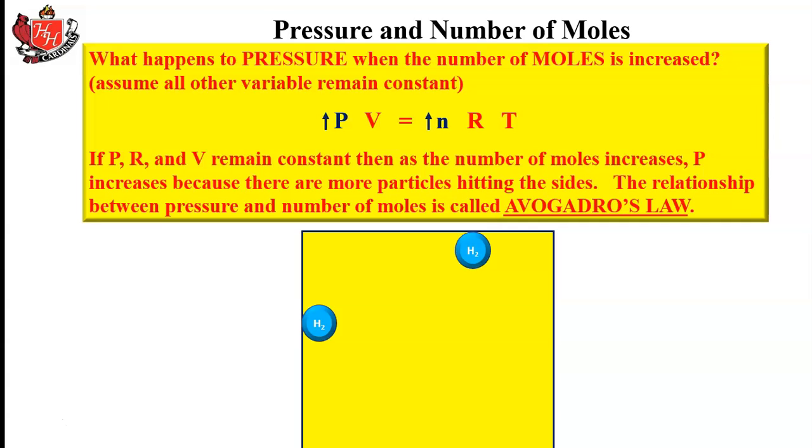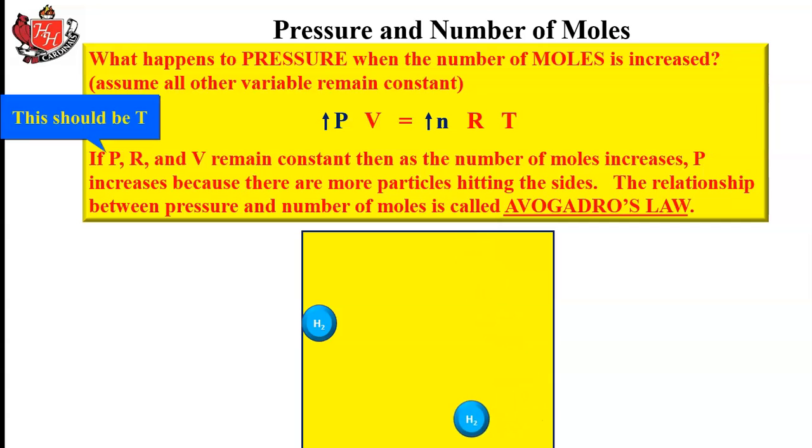Okay, and finally one more, the relationship between the number of moles and pressure. What happens to pressure when the number of moles is increased? That is to say, you increase the number of particles in the container, but you keep the volume the same and you keep the temperature the same. So the container's a fixed volume and the molecules move at a steady speed.